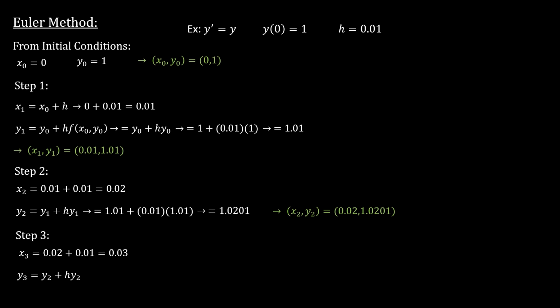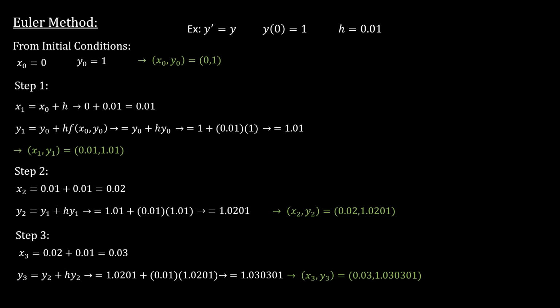So you can see the pattern: the new y is a function of the old one. Plug it in here, we get 1.0201 plus 0.01 times 1.0201. When you multiply and add up these numbers, you get 1.030301. And once again, in coordinate form, x3, y3 is (0.03, 1.030301).